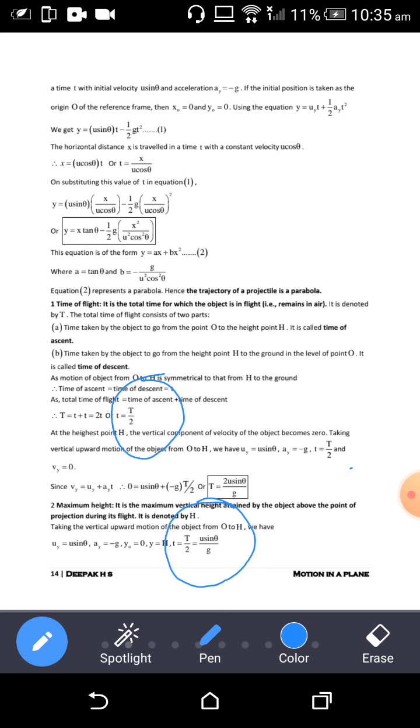That is what we have taken there. The value of capital T comes out to be 2u sine theta divided by g. Since small t is equal to capital T divided by 2, 2u sine theta divided by g is divided by 2. So 2 and 2 get cancelled out. The left out thing is u sine theta divided by g. That is what we have taken. The value of t comes out to be u sine theta divided by g.